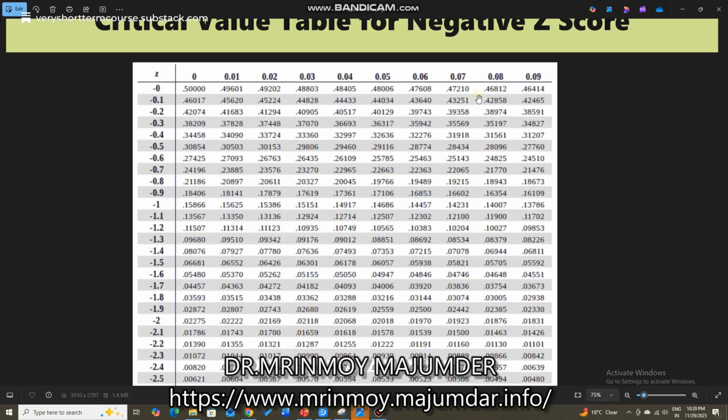If that is the case, then your data set has a trend. If it is positive, or if it is less negative than the negative critical Z score, then it doesn't show any trend. Okay, so with this, let us move to the next part.